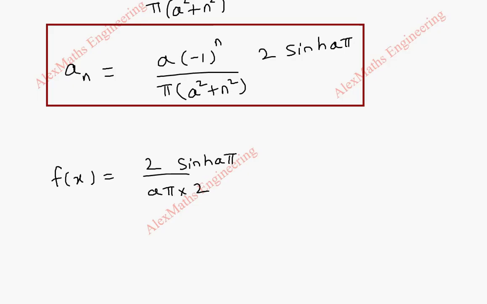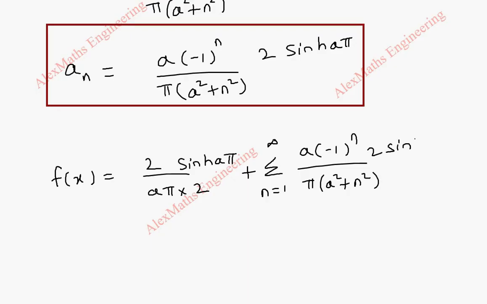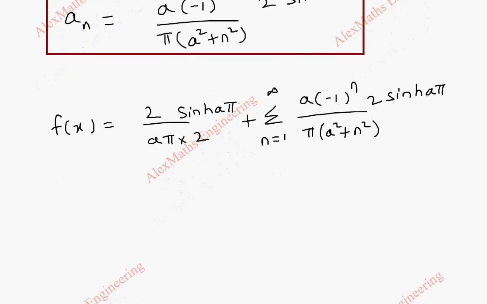So we put 2 here, plus summation n is from 1 to infinity a into minus 1 whole power n by pi into a square plus n square into 2 sin h a pi. So whatever into cos nx.